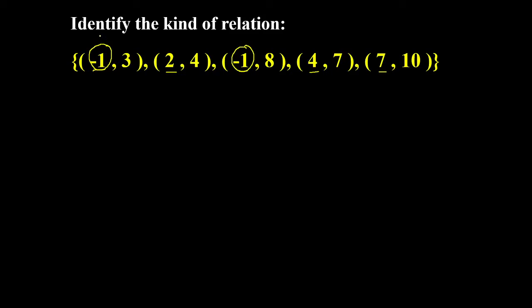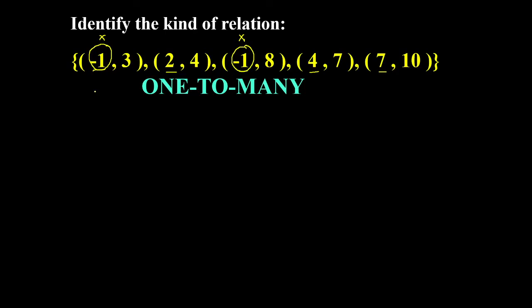So take note, the repetition occurs in the X value, which is why this is 1 to many. Very good. If the repetition is found in the domain, it is 1 to many. Many to 1, the repetition is found in the range.